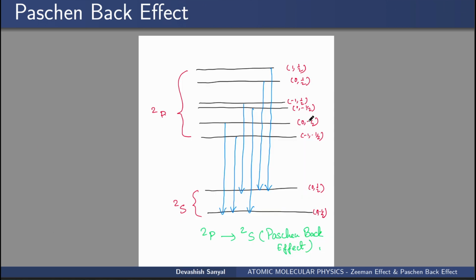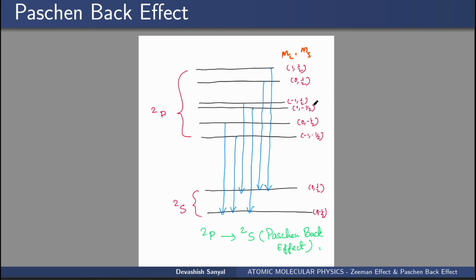If you draw it, you see the 2p will have energy shifts. There are 6 components: 1, 2, 3, 4, 5, 6, and against each level I have written down the ml and ms values.